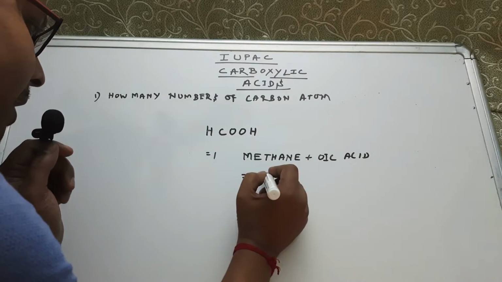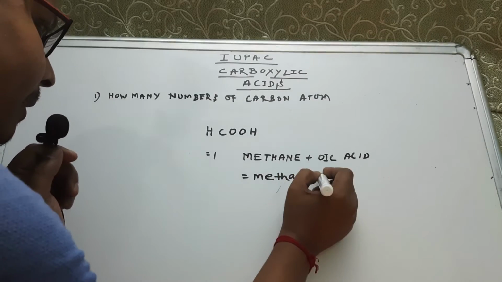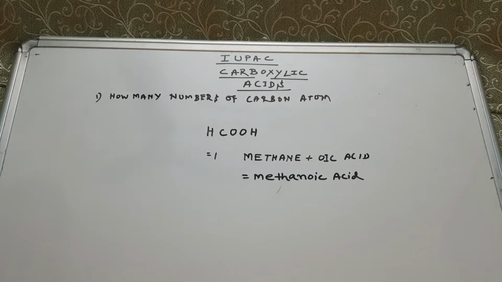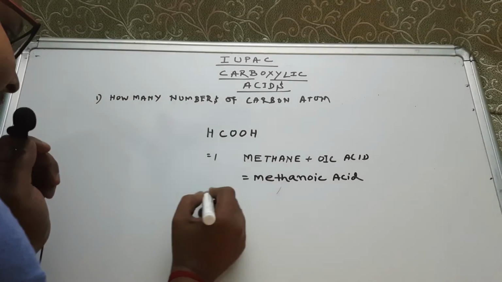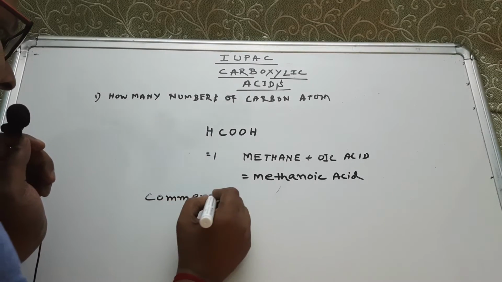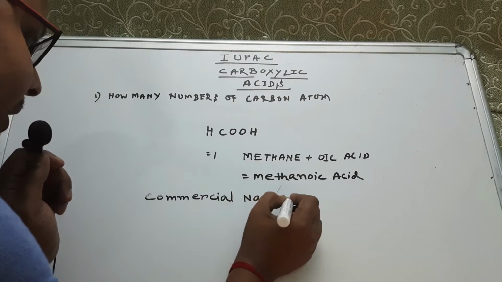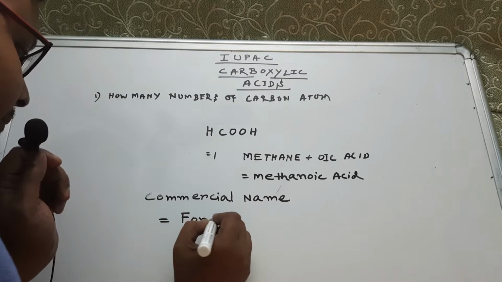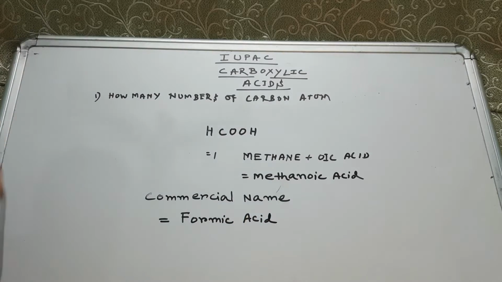So this is methanoic acid, and it is the IUPAC nomenclature. What is the commercial name of methanoic acid? This is called formic acid.